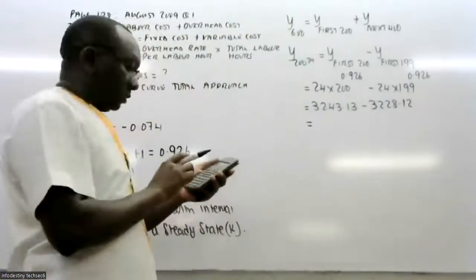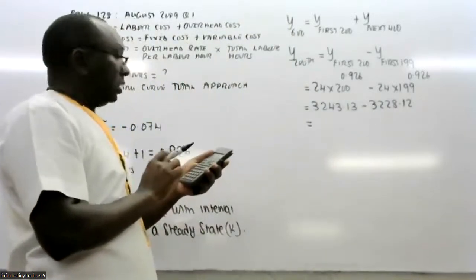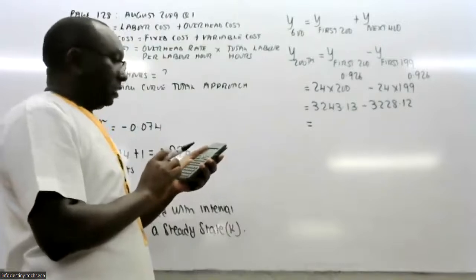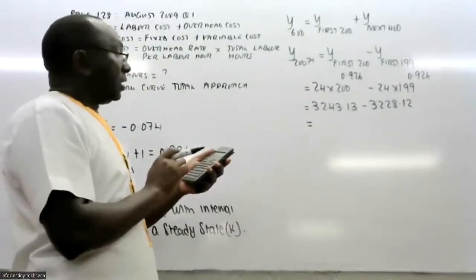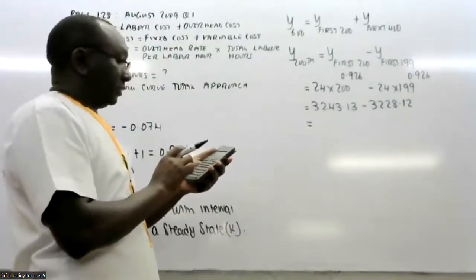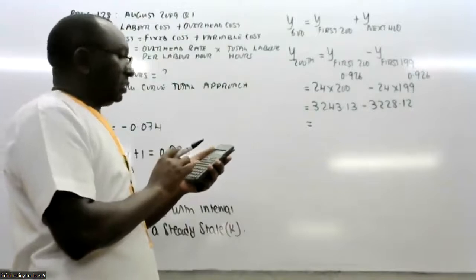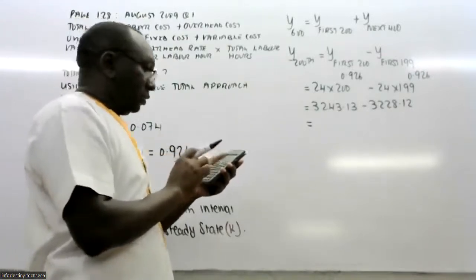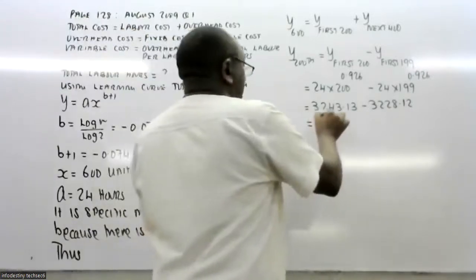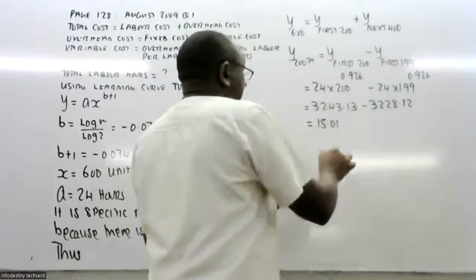So this becomes 243.13 minus 228.12, which is 15.01.